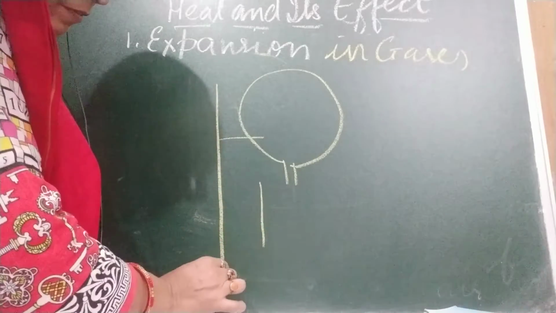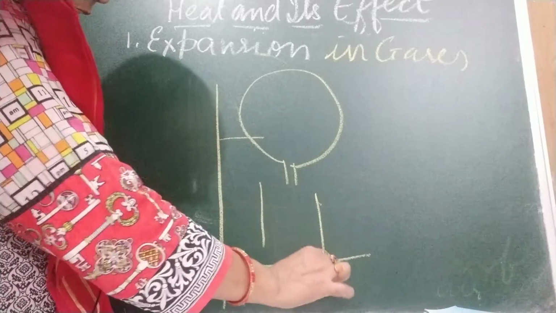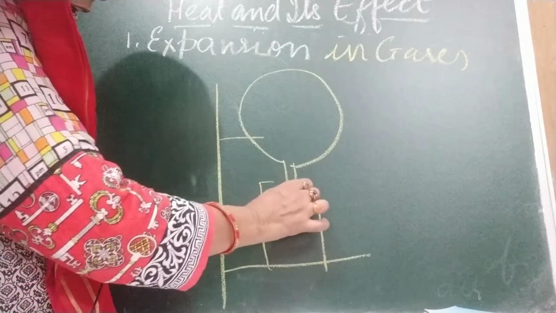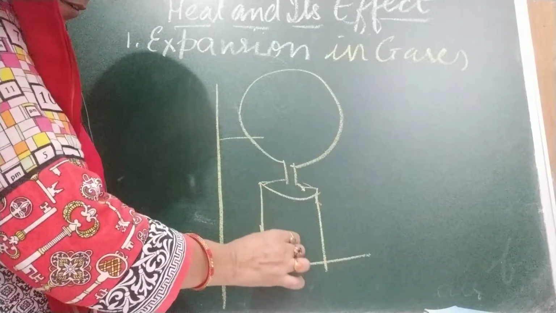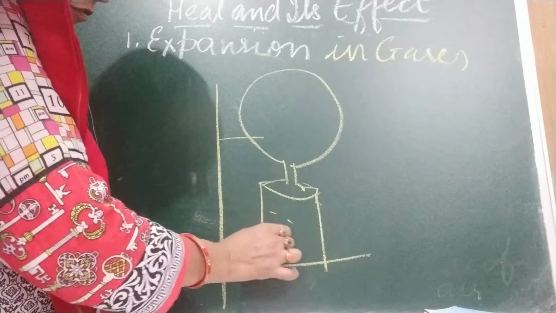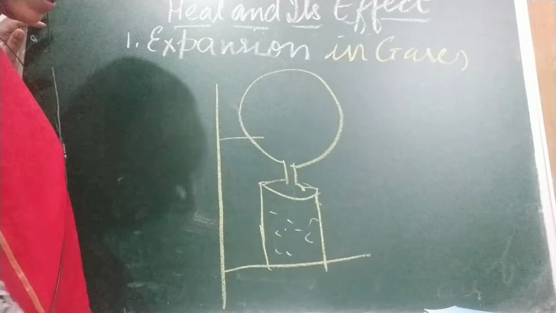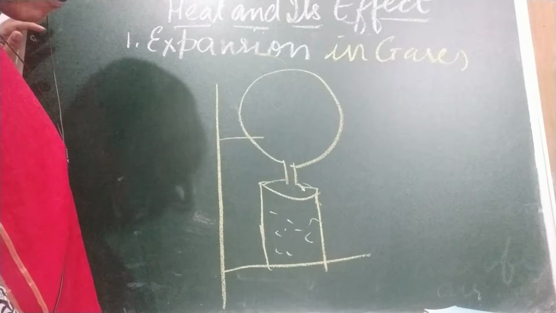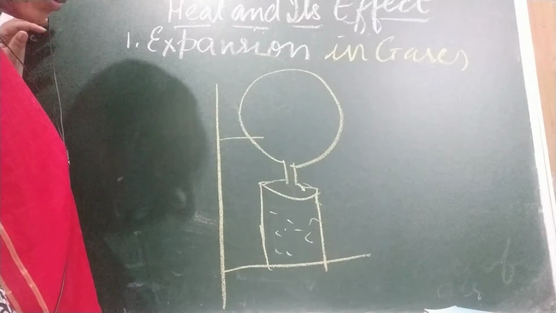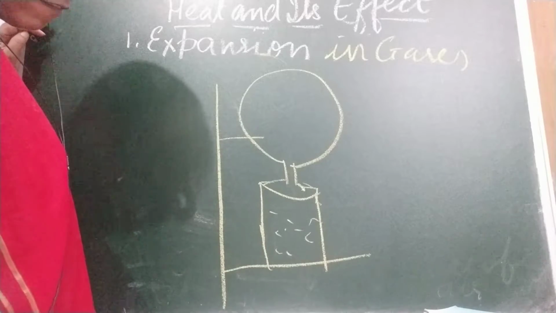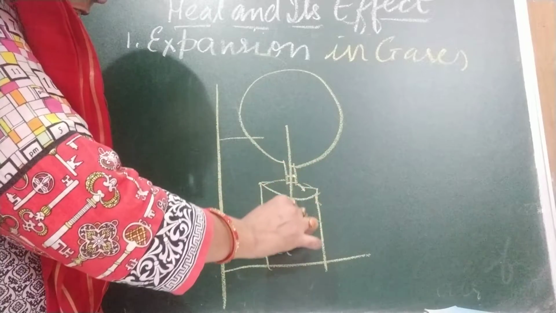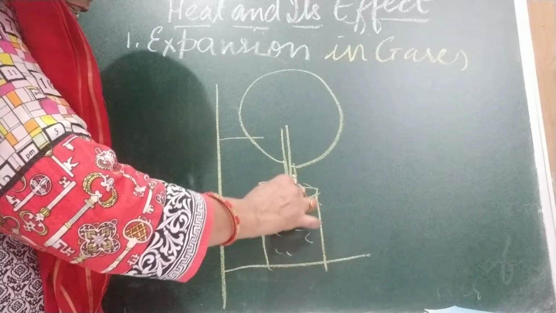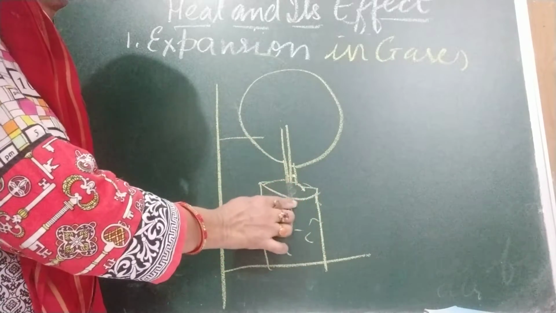This is the beaker, and in this beaker we are going to put water, so that the glass tube dips inside the water. This glass tube is dipped in water.